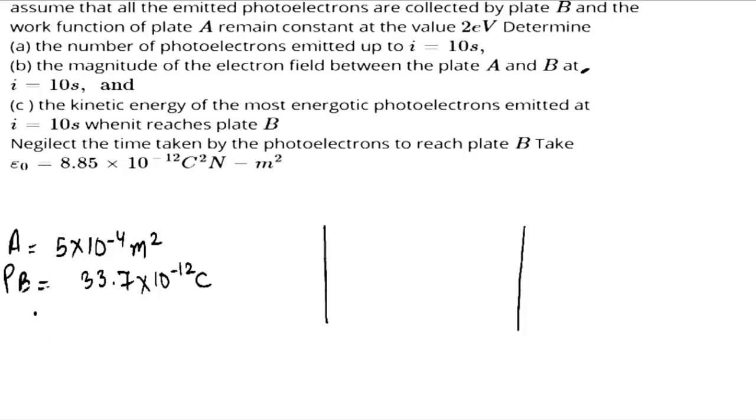The falling photon has energy of 5 eV. The work function of plate A is 2 eV.